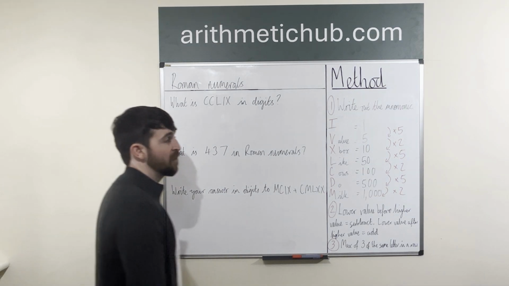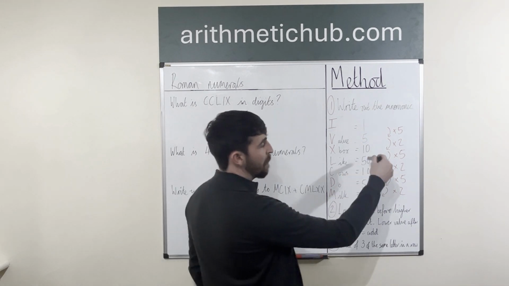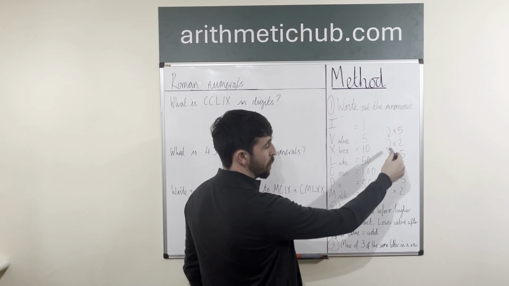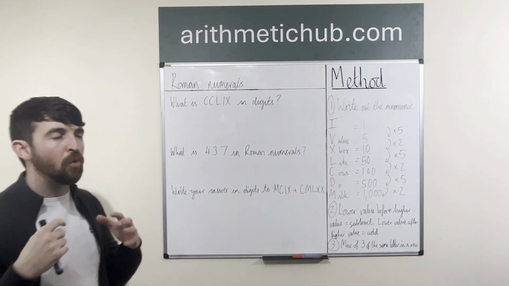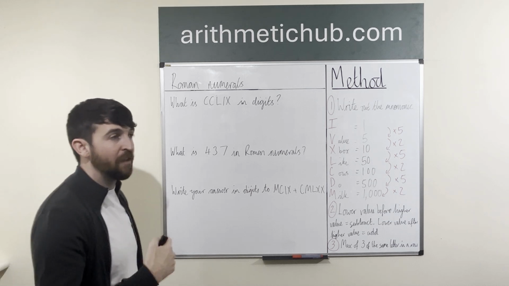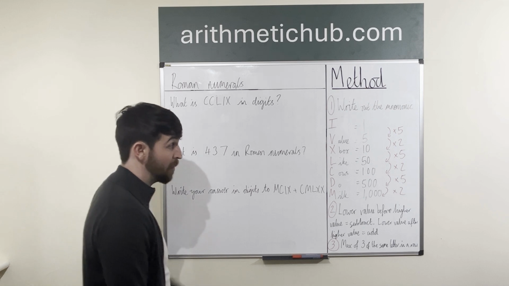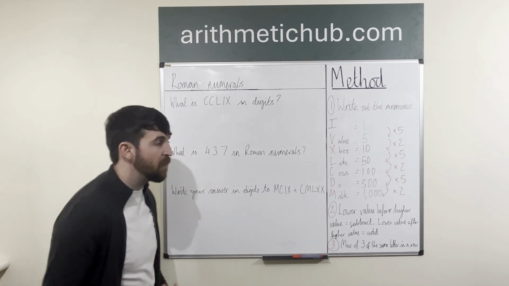And what you might notice by these, which I've put down the side to help out as well, is it goes in a pattern, doesn't it? So it goes times by 5, times by 2, times by 5, times by 2, times by 5, times by 2. If you're thinking, oh, I can't remember what the value is for this, but I can remember the mnemonic, I value X box like cows do milk, but I can't remember the value.